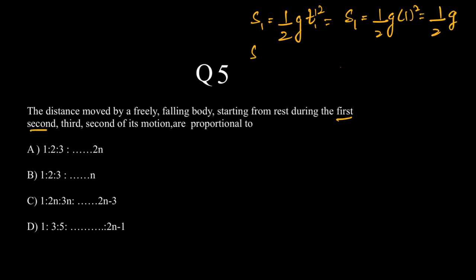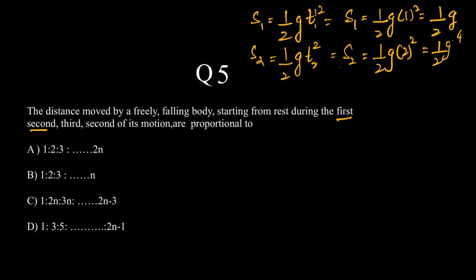And then they take second, s2 is equal to half into g into t2 square. Therefore, s2 is equal to half into g into 2 square, which is half into g into 4. And then they take the ratio, and they get the ratio as 1 is to 4 is to 9, and so on.